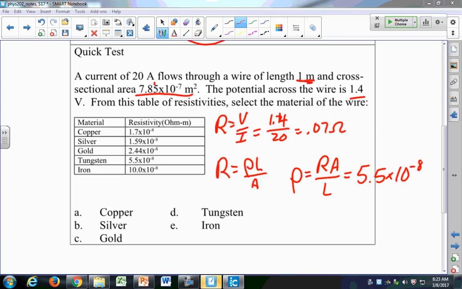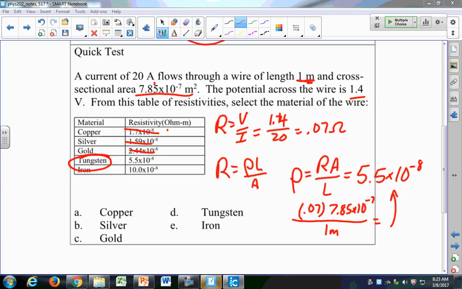So you put in the resistance, 0.07, the area 7.85 times 10 to the minus 7 divided by 1 meter, and that's equal to this value. Then you go along in your table and say, well, it's not that one, not that one, not that one. It has to be tungsten.